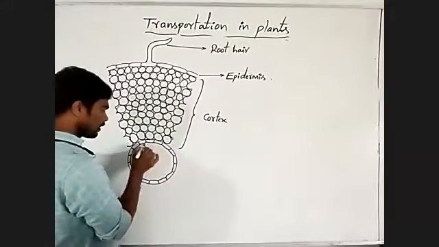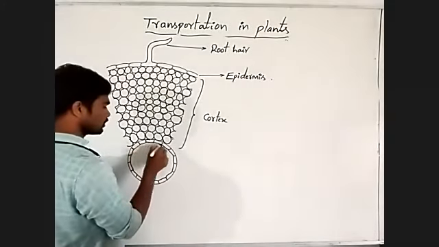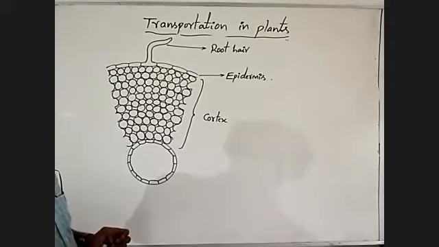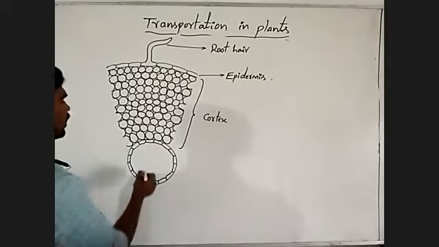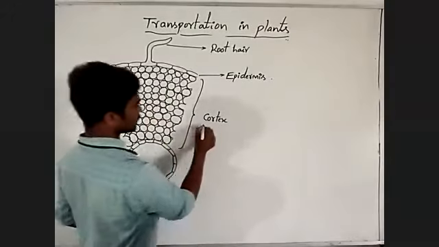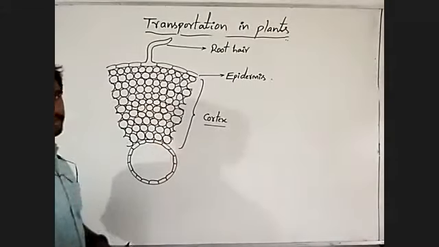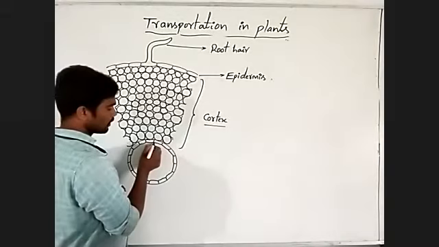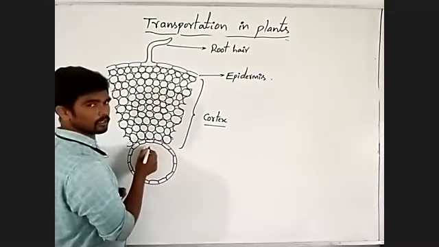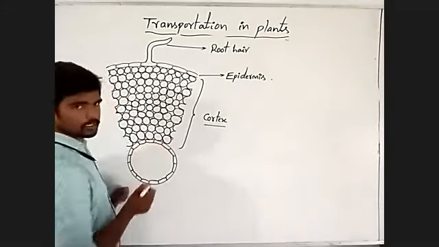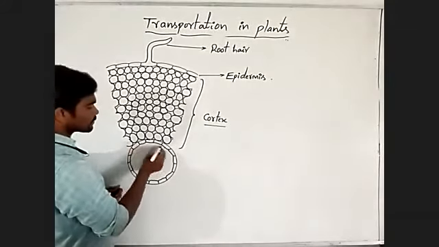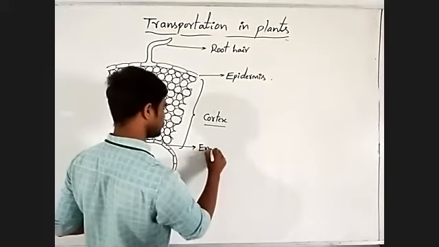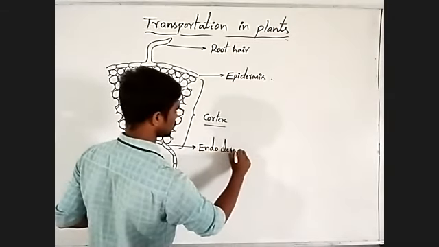Next, listen carefully: the last row of the cortex, or last region of the cortex, the last layer of cells, is actually the endodermis.